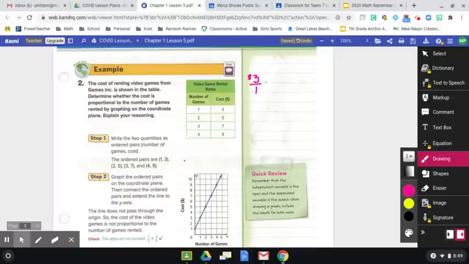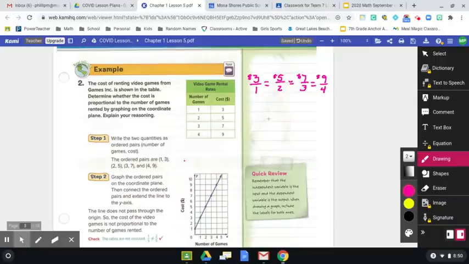Well, let's see. If I go to the second row, it's $5 for 2. Keep looking. $7 for 3 games. And then $9 for 4. So I just took the ratios out of the table.